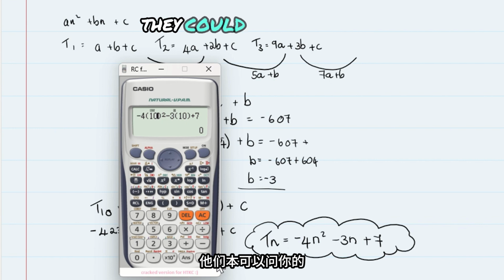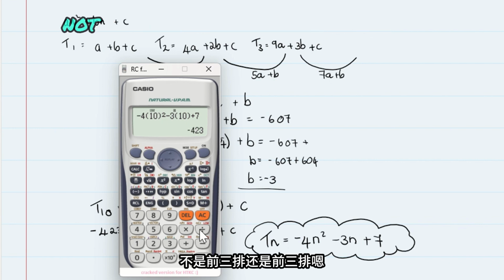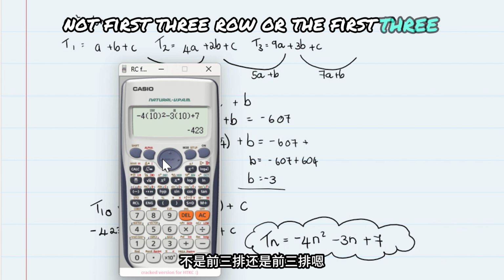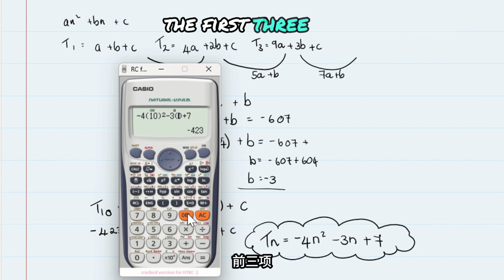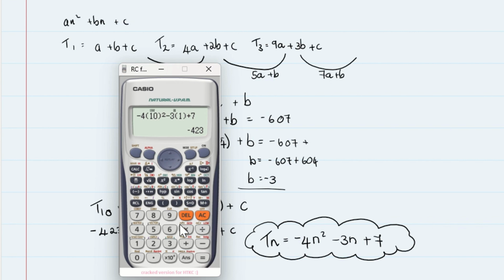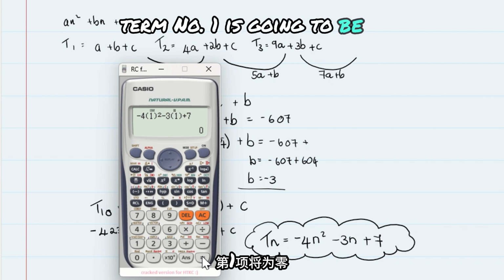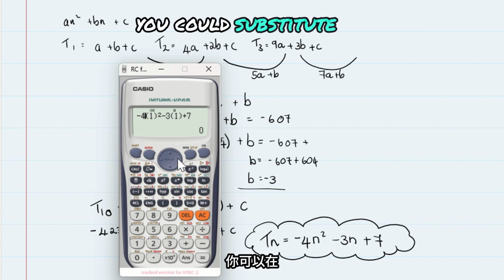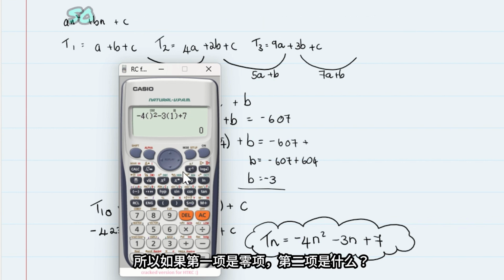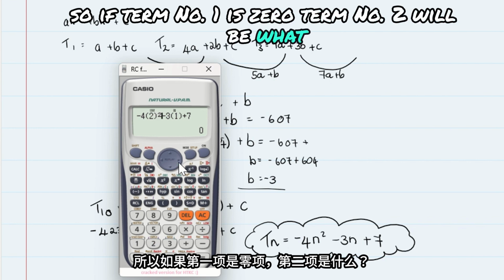They could have asked you to determine the first 3 terms. Then all you have to do is put in 1, and then you have your answer. Term number 1 is going to be 0. If term number 1 is 0, term number 2 will be what?